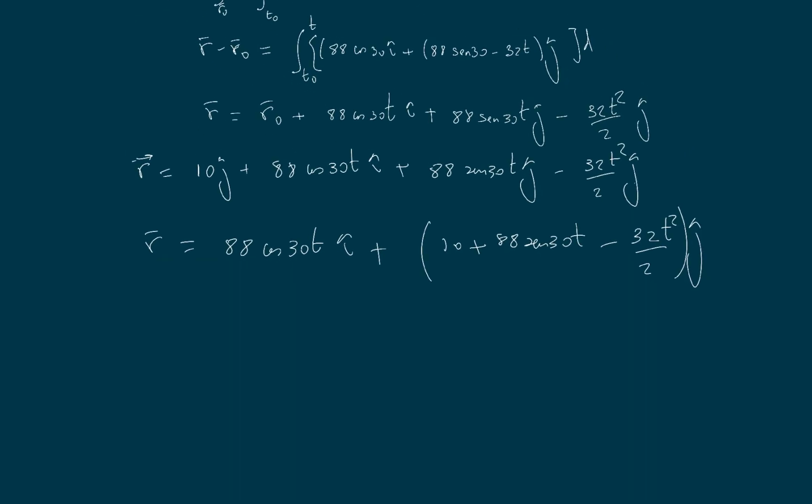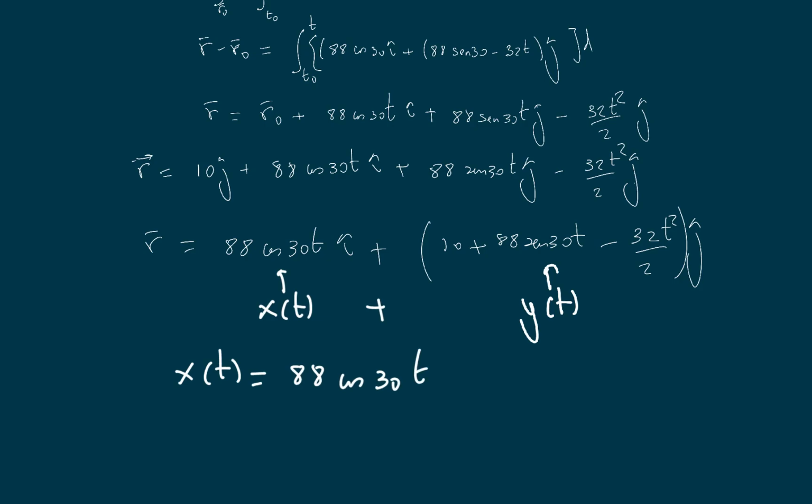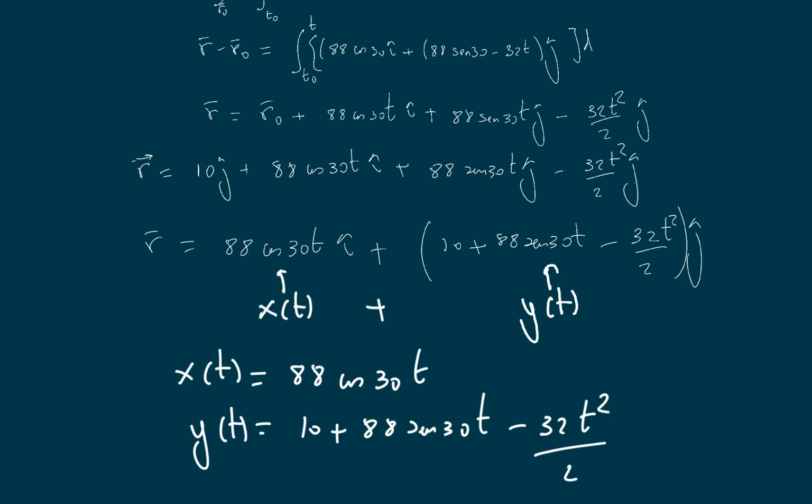So x of t is this, and y of t is this. x of t is 88 cosine of 30 times t, and y of t is 10 plus 88 sine of 30 t minus 32 times t squared divided by 2.